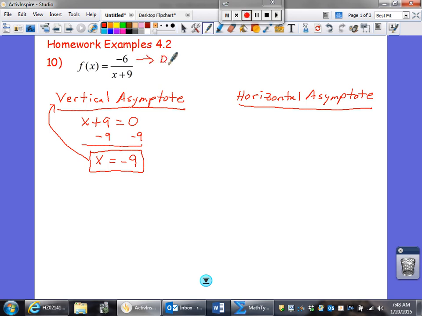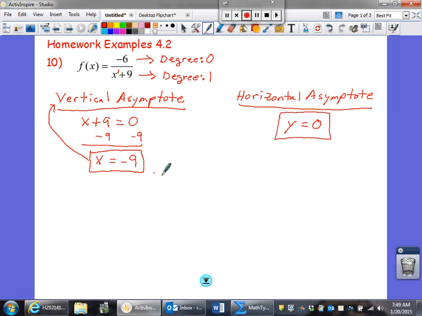The degree of the numerator, which in this case is 0, because there's no x here, is less than the degree of the denominator, which in this case has a degree of 1. If the degree of the numerator is less than the degree of the denominator, automatically, without any work, the horizontal asymptote is y equals 0. And that answers the question.